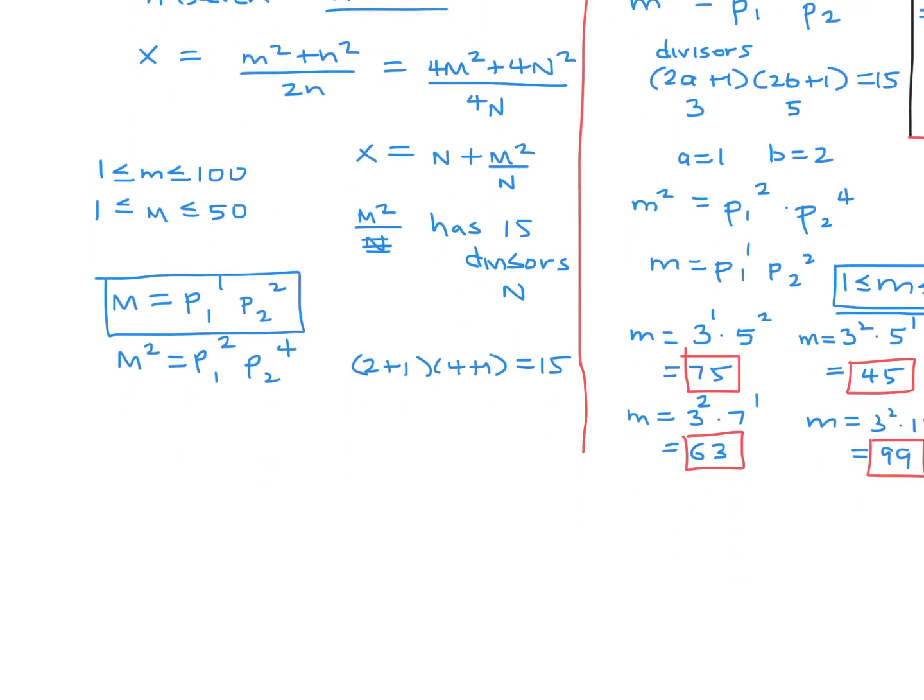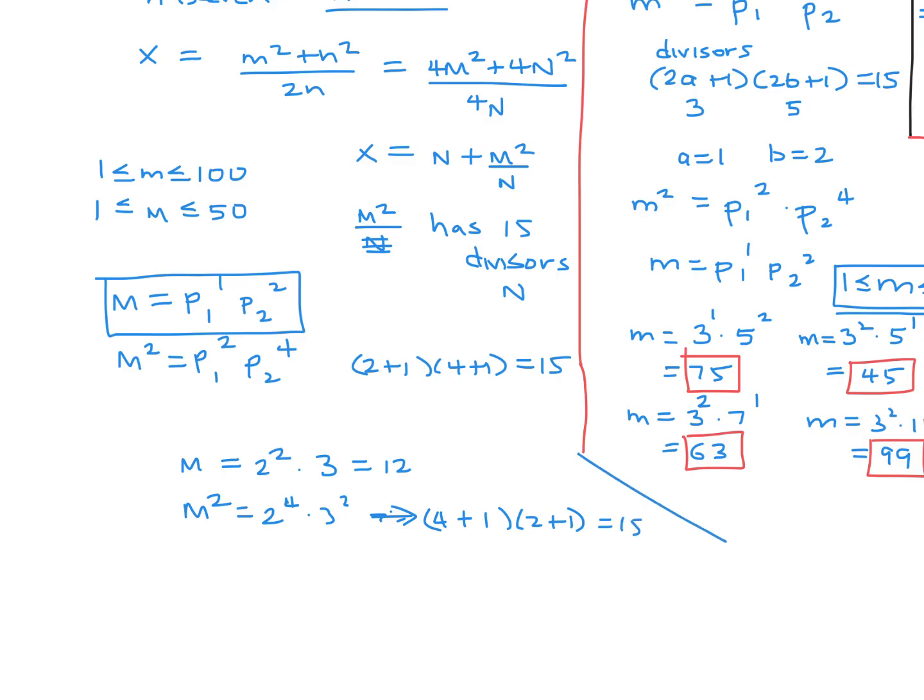So, for example, if M was, let's say, 2 to the power of 2 times 3, that would be 12. And therefore M squared would have 2 to the power of 4 times 3 to the power of 2, and the number of divisors are the 4 plus 1 times 2 plus 1, which is 5 times 3, which is 15.